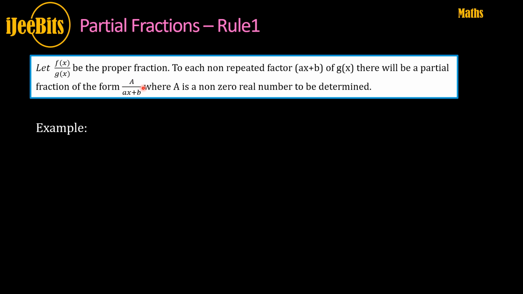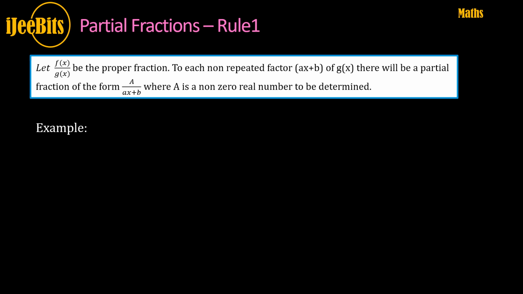So A has to be determined, but A by ax plus b would be one of the partial fractions for the proper fraction. That's what is given. Most of the time, for a given proper fraction, we have to decompose that into partial fractions. That's the problem statement, right?